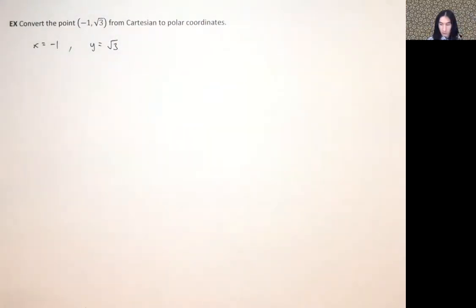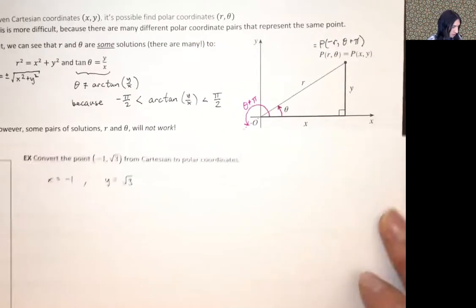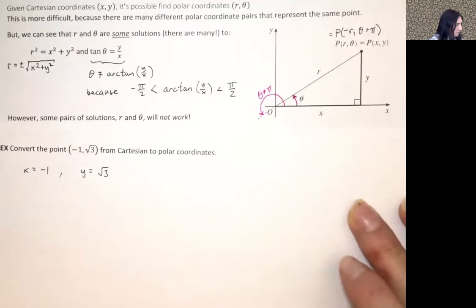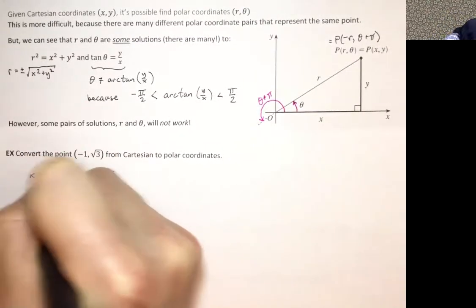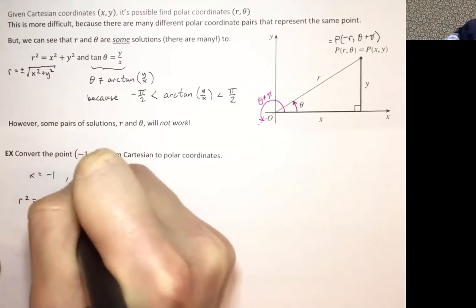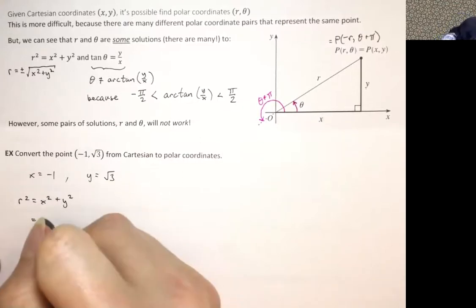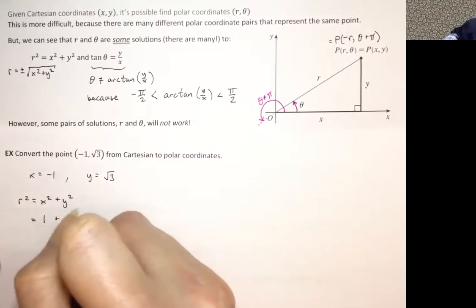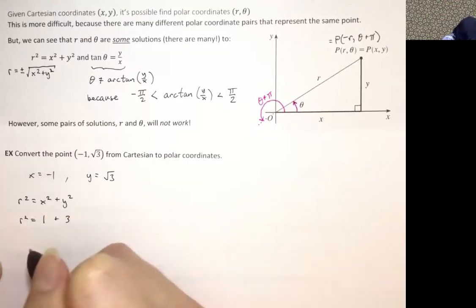Okay, so we start off with our basic equations that come from our triangle, right? There are these equations up here. r squared is equal to x squared plus y squared. So squaring that is 1, squaring the √3 is 3. So I would have r squared equal to 4.